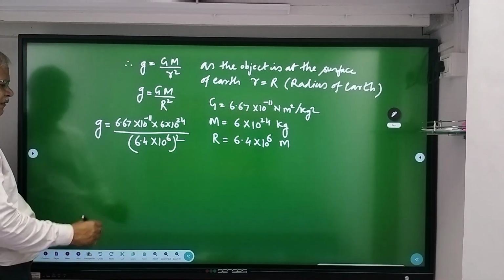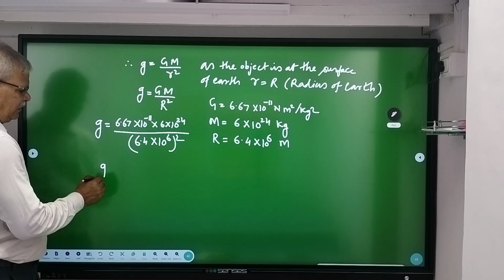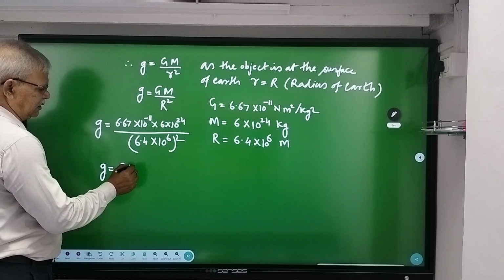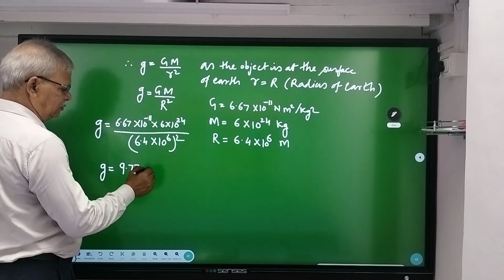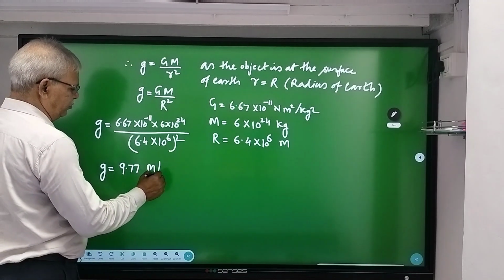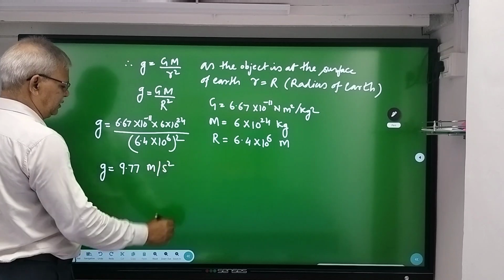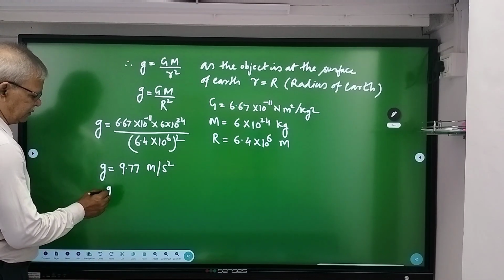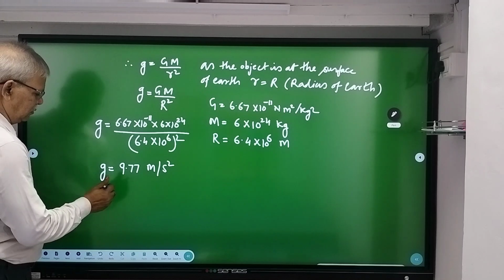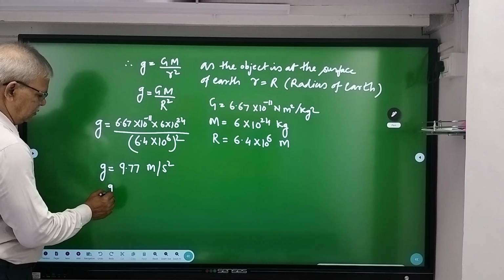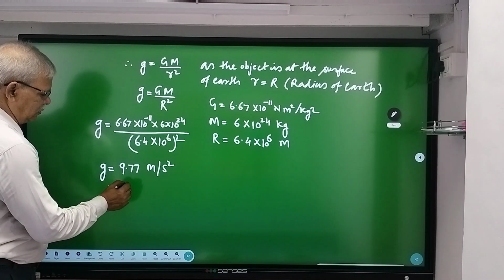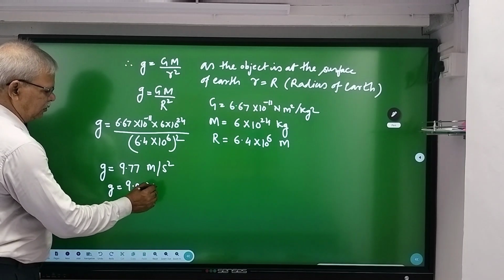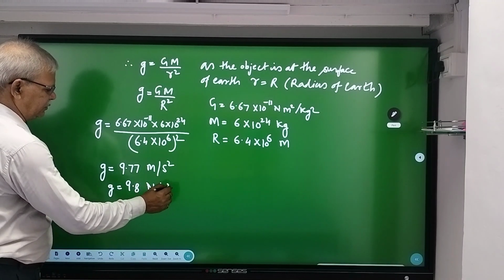After solving this, we will get the value 9.77 meter per second square. It can be written as g is equal to 9.8 meter per second square.